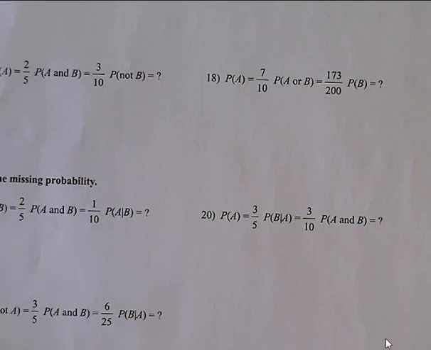I get the probability of A to be 0.27. Which is not what they get for an answer. So let me see what else they have hidden in this problem.